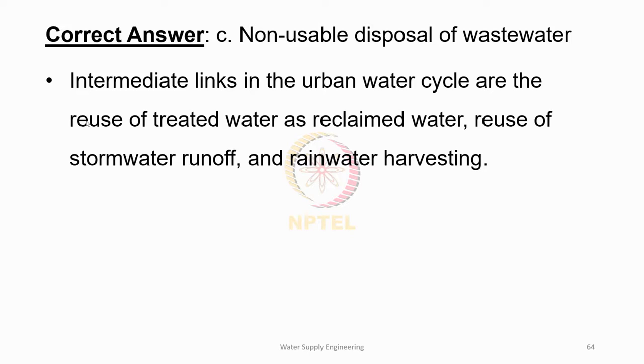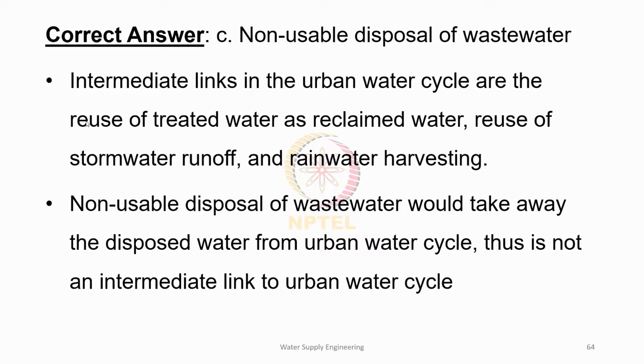So the intermediate links in an urban water cycle include reuse of treated water as reclaimed water, reuse of storm water runoff, as well as rainwater harvesting. But option C, that is non usable disposal of wastewater, is actually not a part of the urban water cycle.